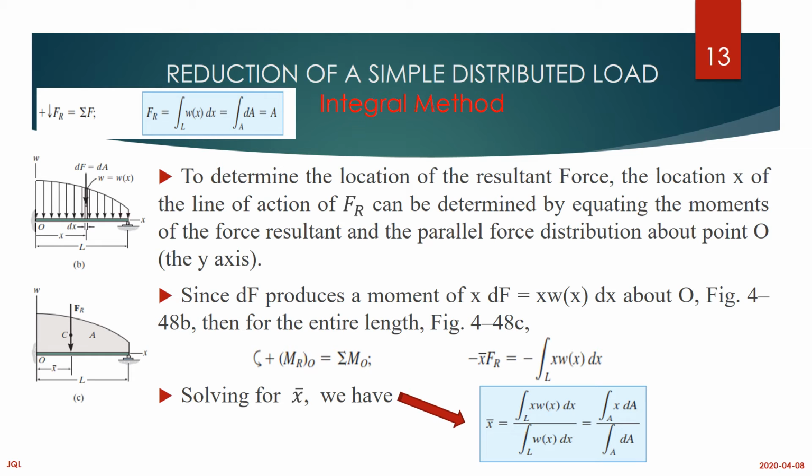To determine the location of the resultant force, the location x of the line of action of the resultant force can be determined by equating the moments of the resultant force and the parallel force distribution about point O, the y-axis.